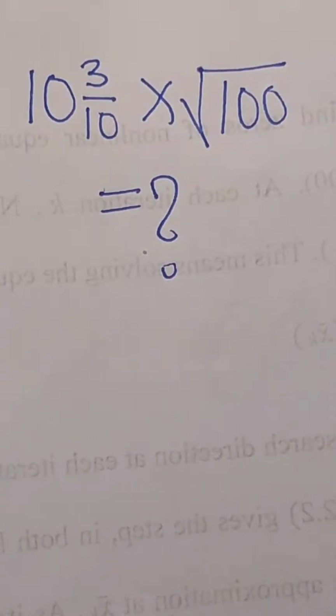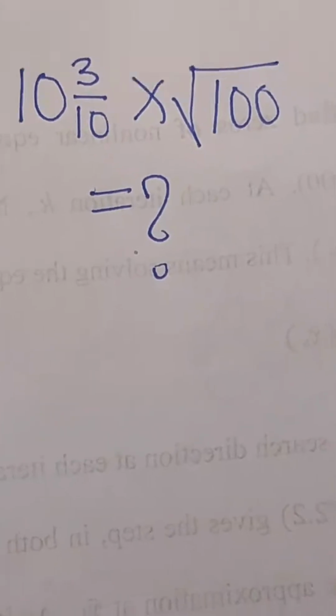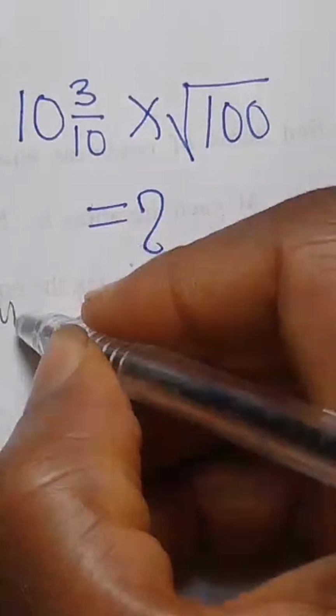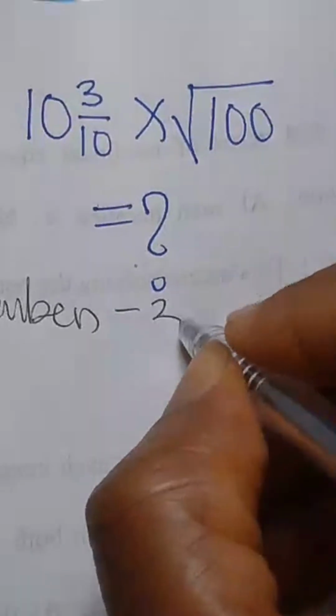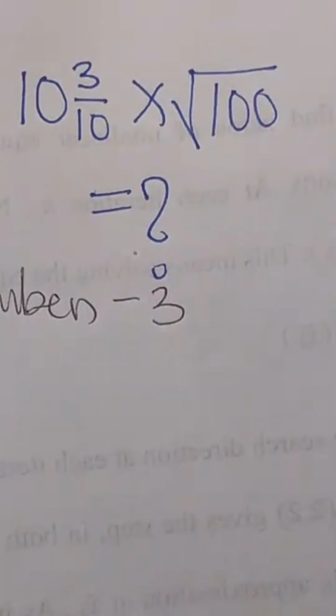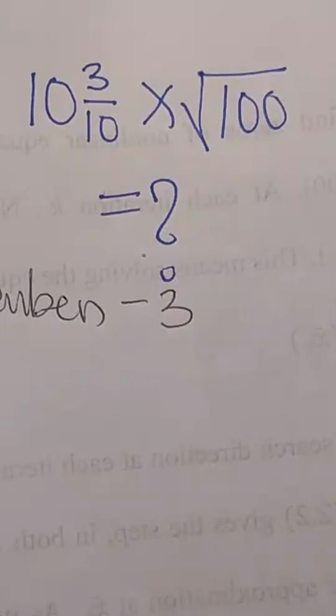Okay, Ruben, you're saying 3, right? Ruben, if you have the answer, solve it. It's for everybody. Ruben says 3. Okay.